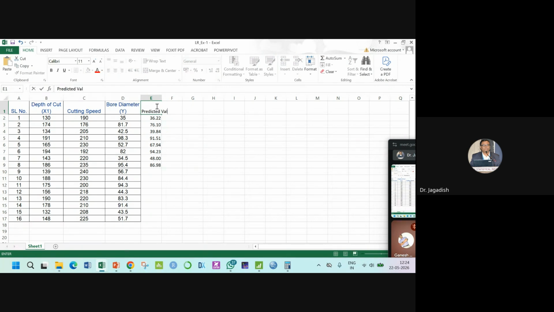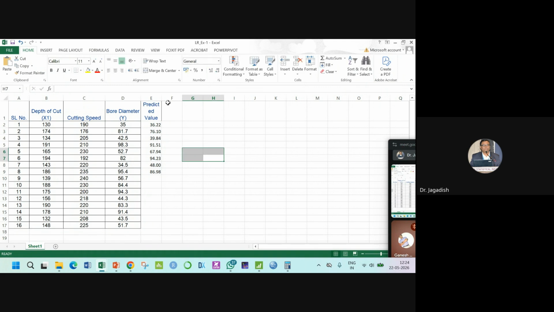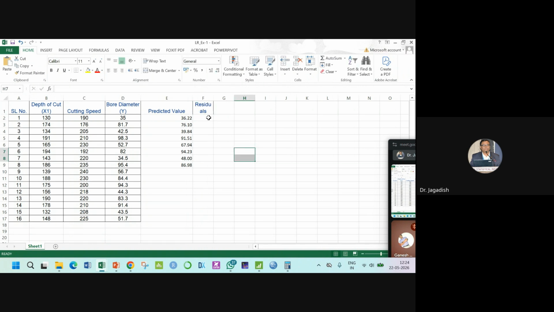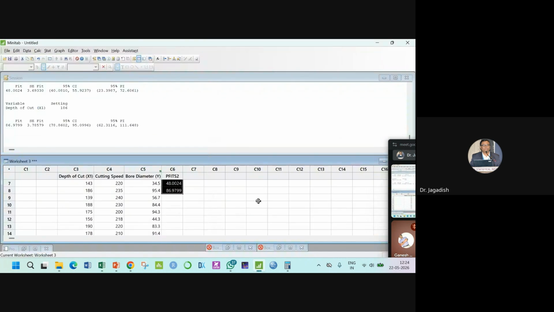This is the predicted value, and this predicted value... residuals means it is basically the actual value minus the predicted value. In this graph, is it taking a positive or negative?